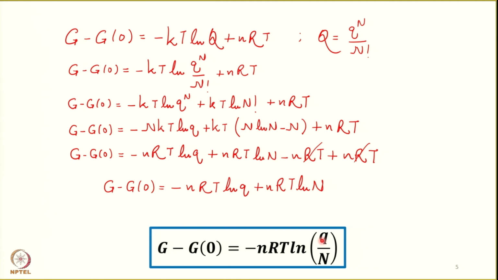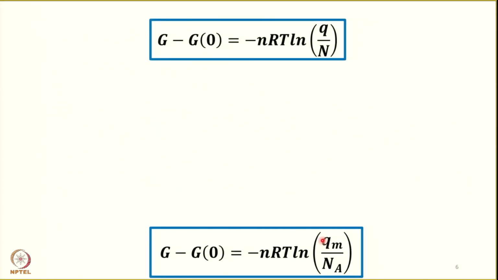All right, let us convert this obtained equation into another. How is that? So I have G by n minus G0 by n is equal to minus RT log q over N into Na.